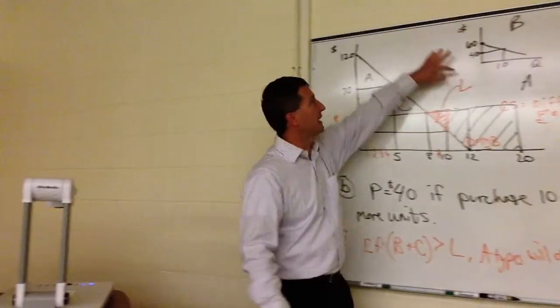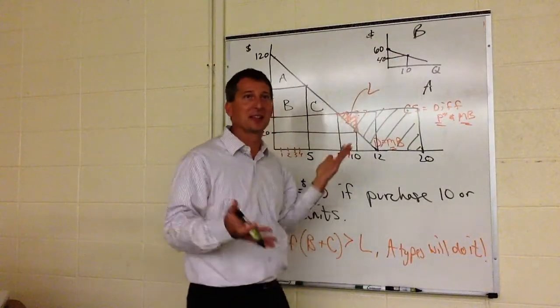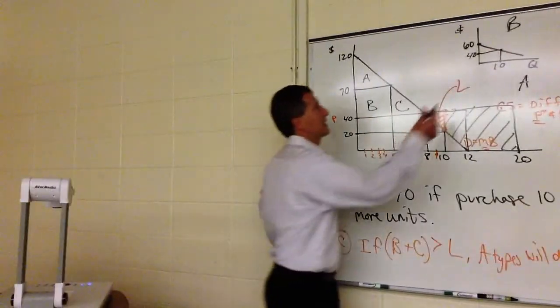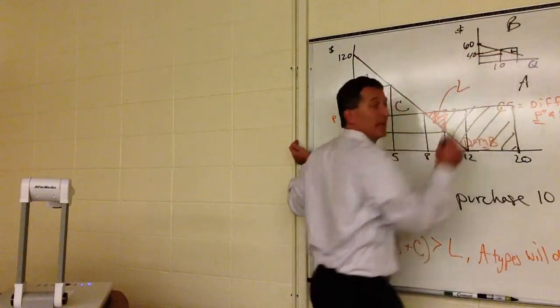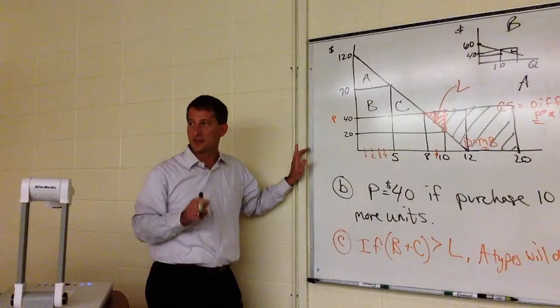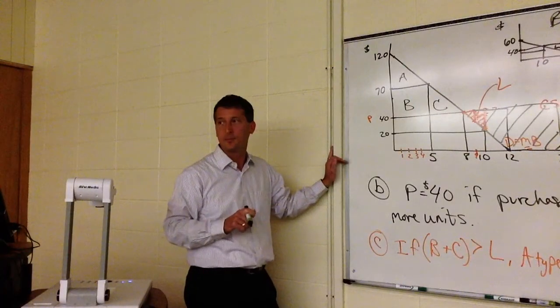Now the question would be, are our B buyers even going to do it? Then we have to go back here and see whether they're even in the picture. Now we start playing their game of how big is their L versus their B, for each one. So we can start testing the incentive compatibility with each one, and we just find where they're equal. That's where your deal is.